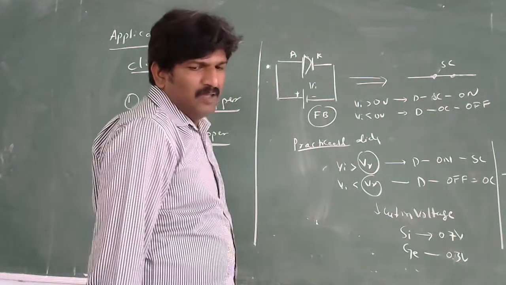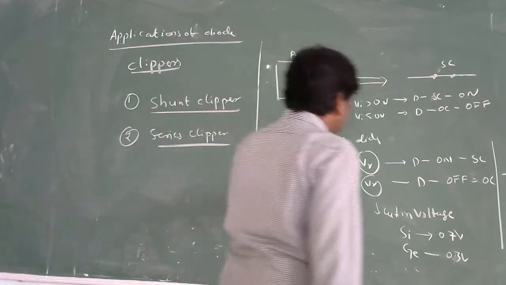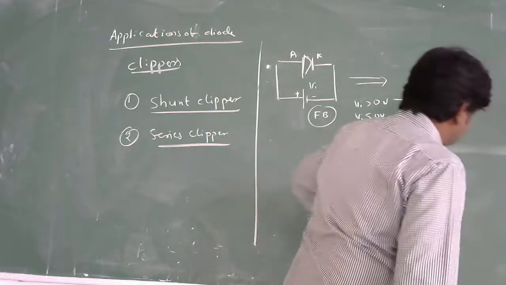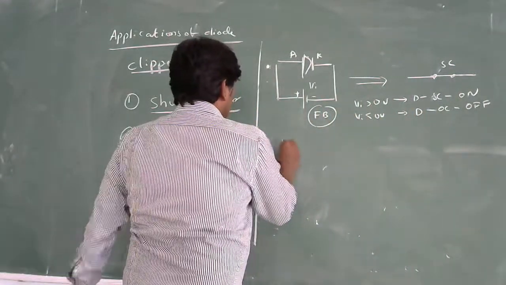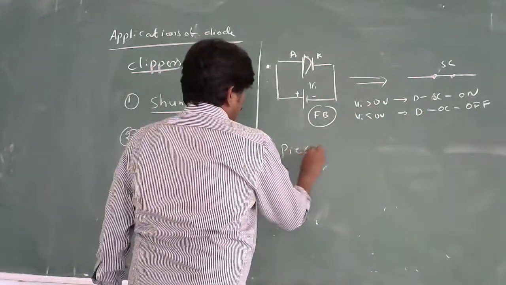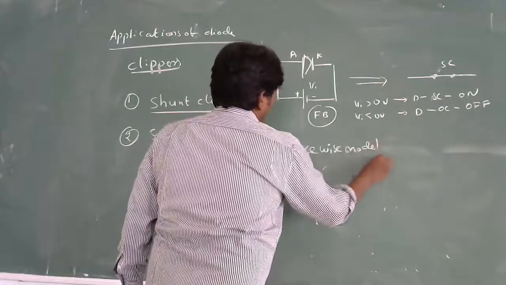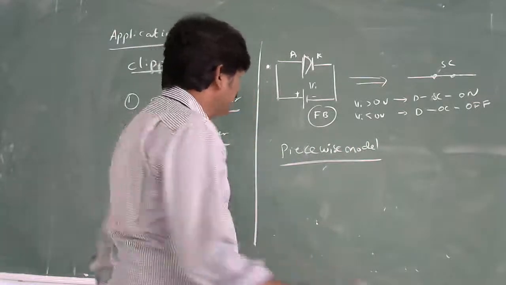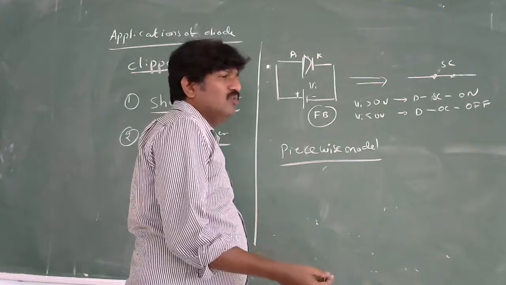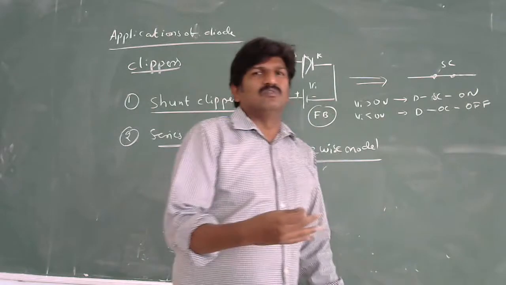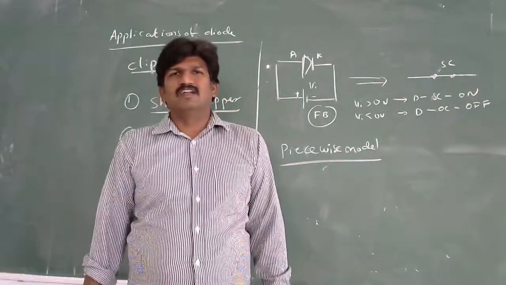Next one is the piecewise model. What is a piecewise model? Same scenario, but we have to include the resistance of the forward conducting diode.